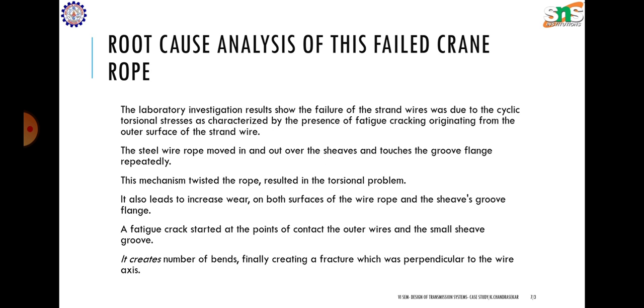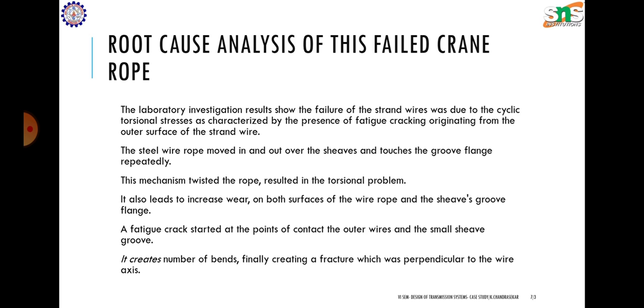The root cause was found out by laboratory investigation. The investigation shows that the failure of the wire strands was due to cyclic torsional stresses, as characterized by the presence of fatigue cracking originating from the outer surface of the strand wire.